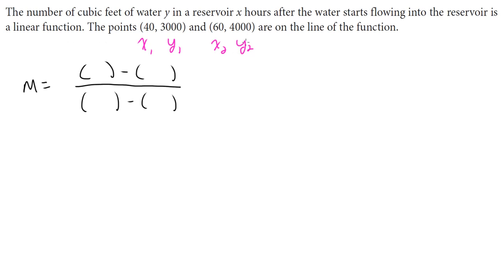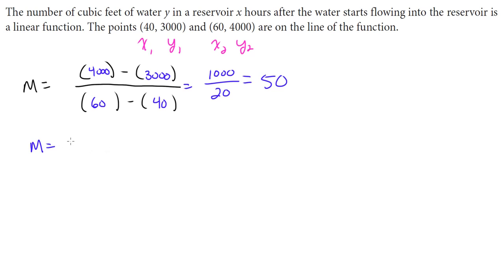So my y2 value is 4,000, and my y1 value is 3,000, and my x2 value is 60, and my x1 value is 40. And here 4,000 minus 3,000 is 1,000, and 60 minus 40 is 20. And 1,000 divided by 20 is 50.